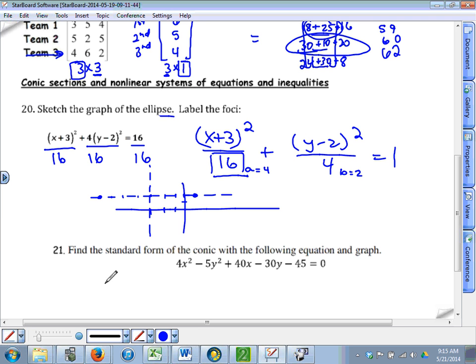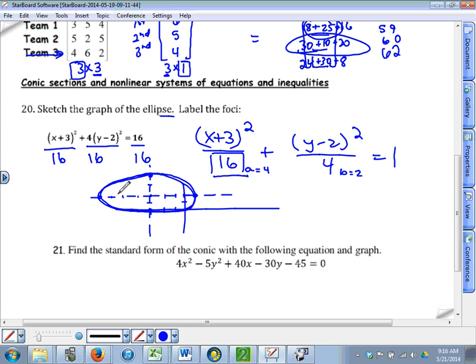There's the other vertex. So those vertices go on the horizontal axis. Your b values go on the vertical axis. Ooh, that's a crappy ellipse. Anyway, you get the idea. The idea here is that it's horizontal.